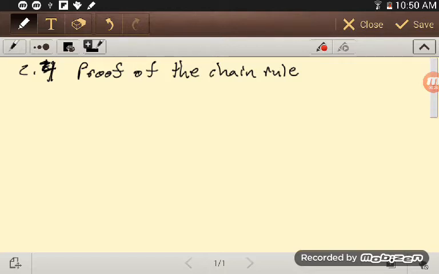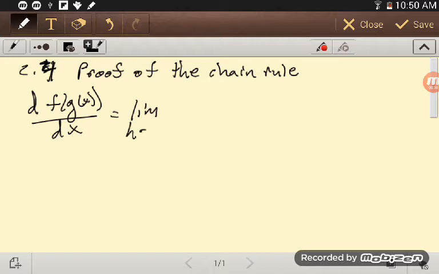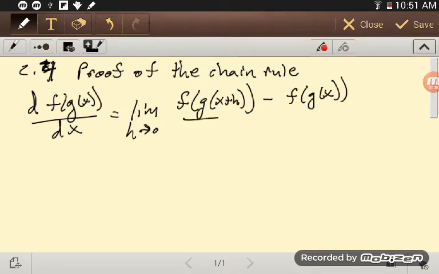And so in this case, I would like to take the derivative of f of g of x with respect to x. And so I need the limit as h goes to 0 of f of g of x plus h minus f of g of x all over h.